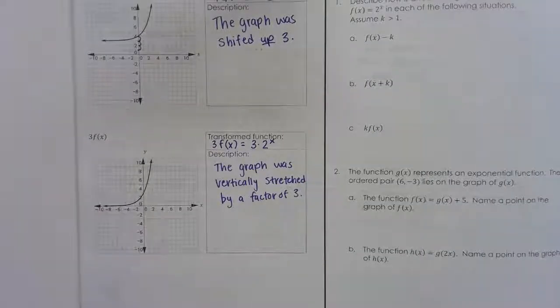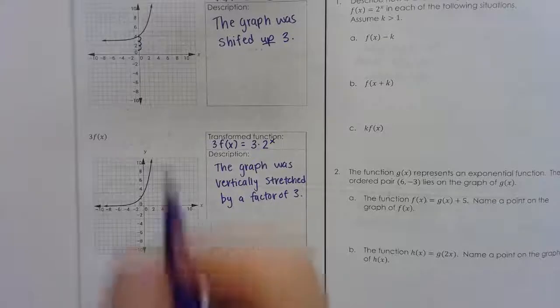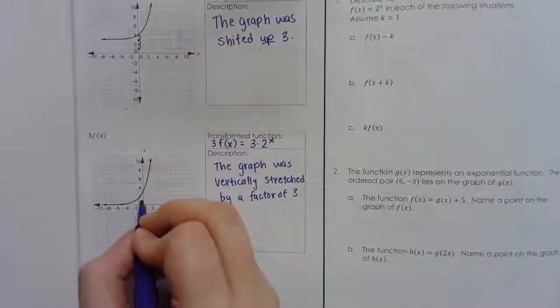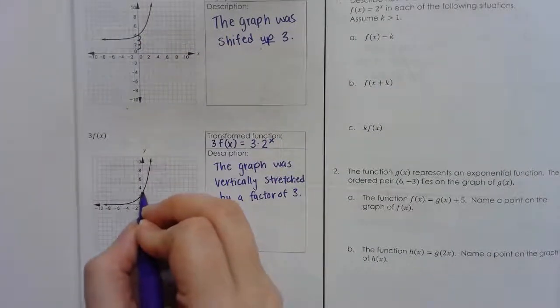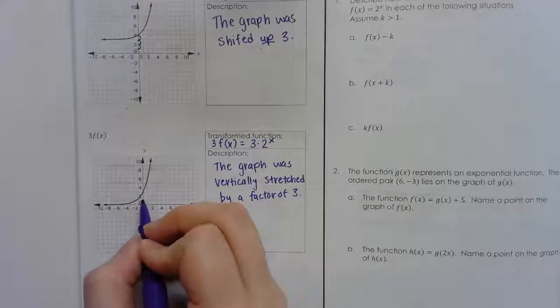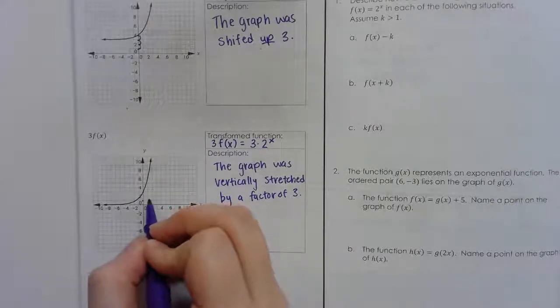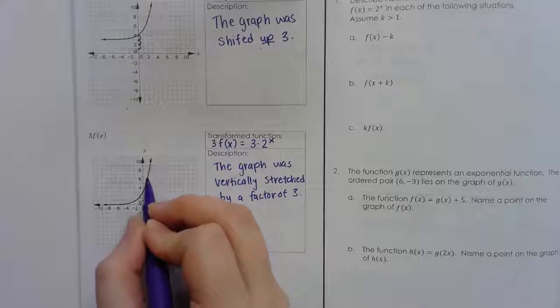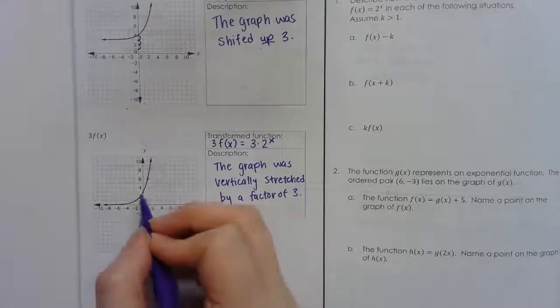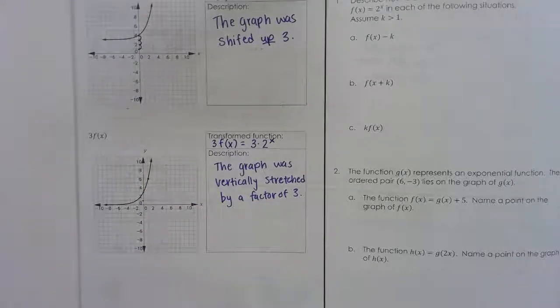Okay, so the graph was vertically stretched by a factor of 3. So it was at 1, now it's at 3. It was 1 times 2, which is at 2, but now it's at 6. Okay, so each of those y-coordinates have been multiplied by 3.